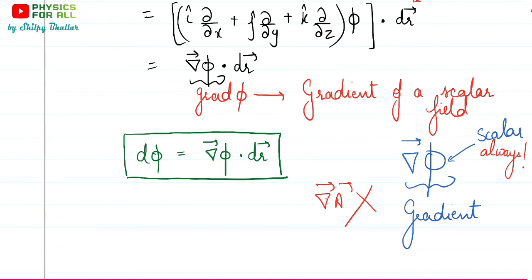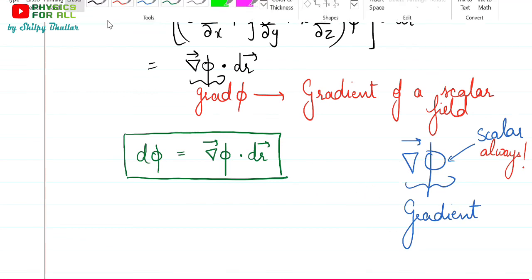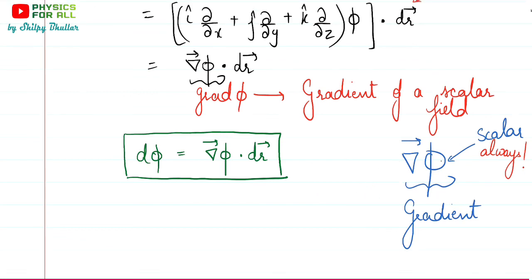And if neither is there, that means the relation is totally invalid, meaningless. Never do this. But always remember that whenever del is there along with something without any sign in between, then that quantity is always a scalar, and we call this the gradient of a scalar field. So you have to remember this.